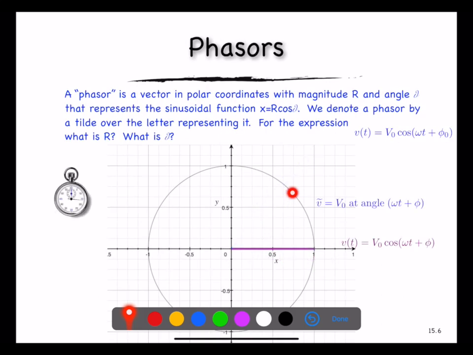So we call this quantity a phasor. A phasor is just a vector that's used to represent some time-varying signal.